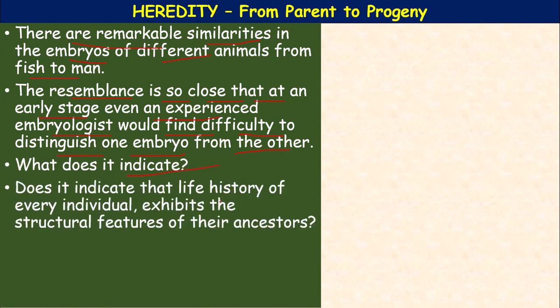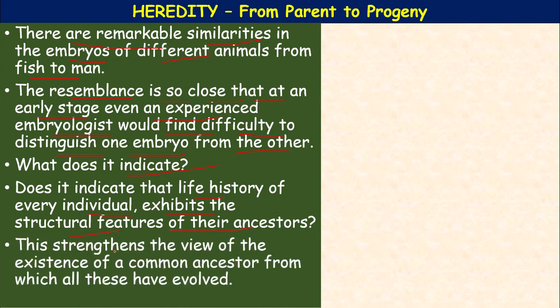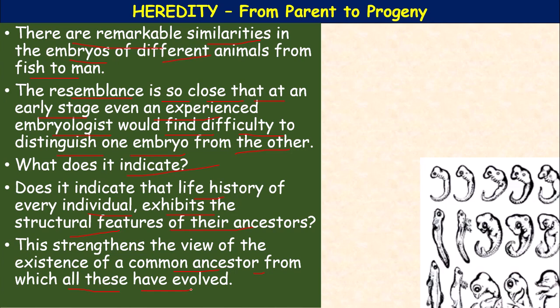It indicates evolution. It indicates a history, a life history. Does the life history of every individual exhibit the structural features of their ancestors? Yes. This strengthens the view of the existence of a common ancestor from which all these have evolved.